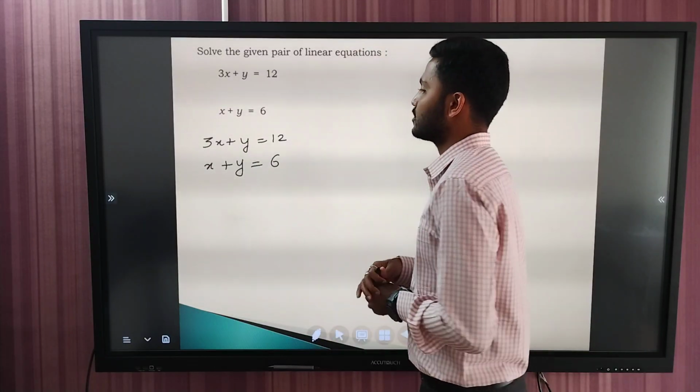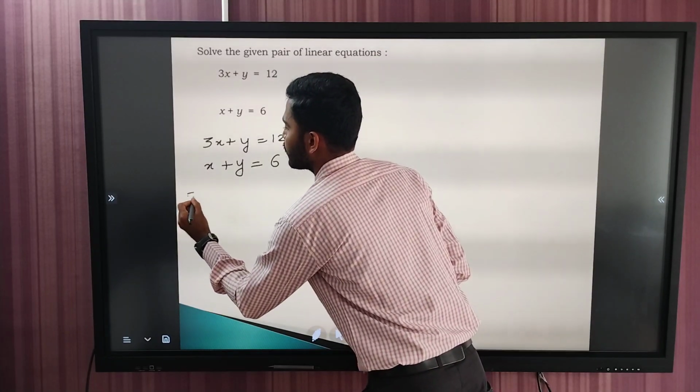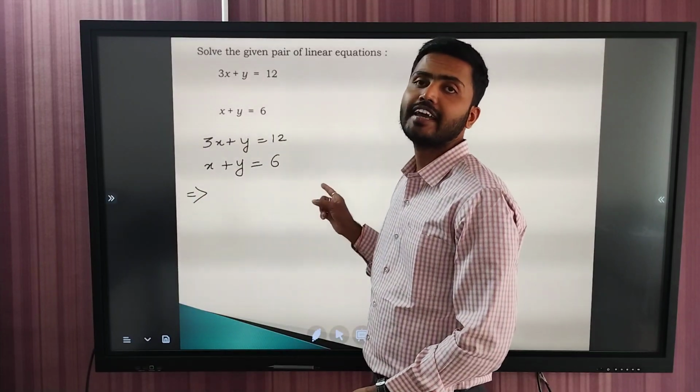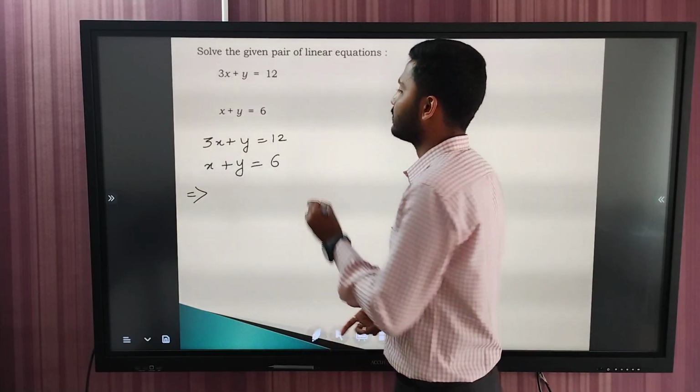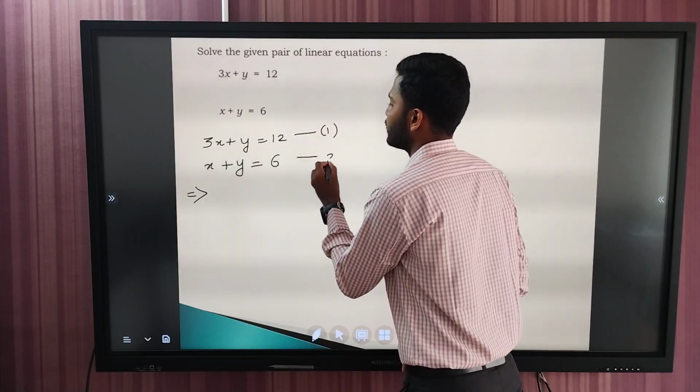From the second equation, I'll express x in terms of y and put it in equation number 1. Let me consider this as equation number 1, this is equation number 2.